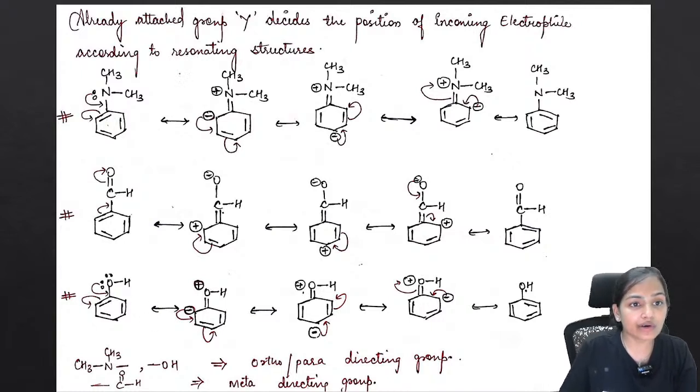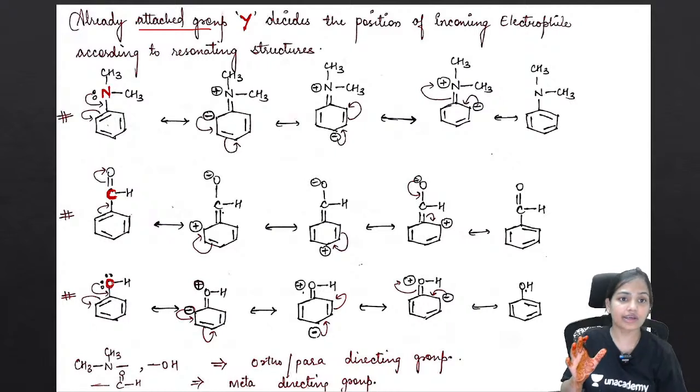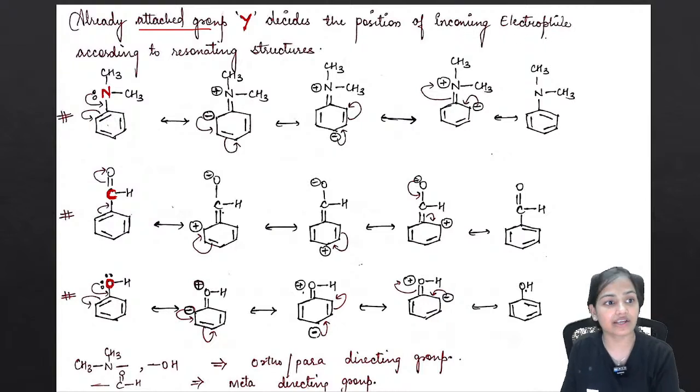So what we are doing in the comparison is looking at the already attached group Y. Okay, so what do you mean by this Y? Y is particularly this atom which is directly attached to the benzene ring. So here we have to focus. This decides the position of the incoming electrophile.